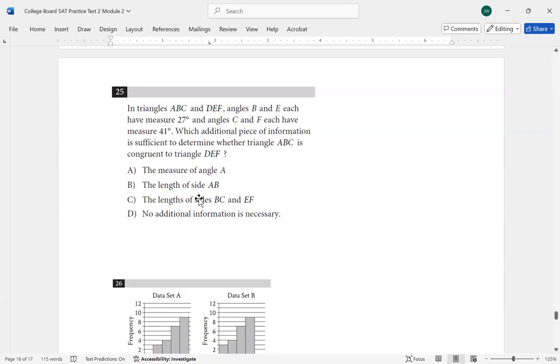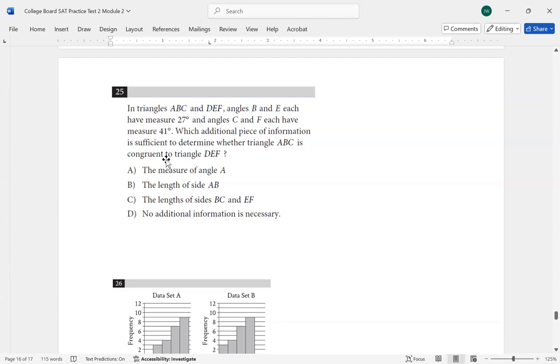So remember what this word congruent means. It means not only is it a similar triangle, but also the lengths of sides are the same. Well, let me explain that better. Similar triangles have the angles all the same.